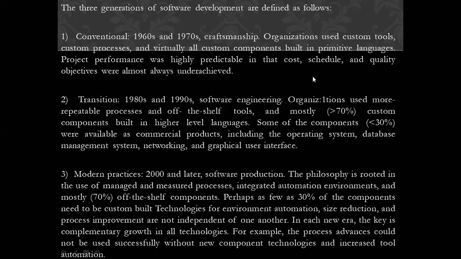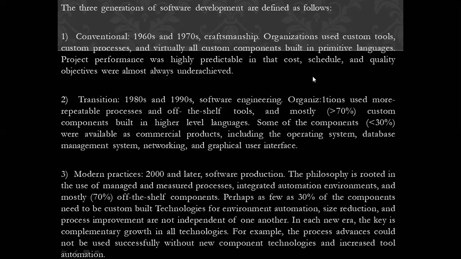So it was like in conventional models, when the complexity was not there, new technologies were not there, things were very much clear about what you have to do. So at that time, the conventional period came. Transition is the period of the 1980s, 1990s of software engineering, where organizations used more repeatable processes and off-the-shelf tools and mostly custom components built in higher level languages.